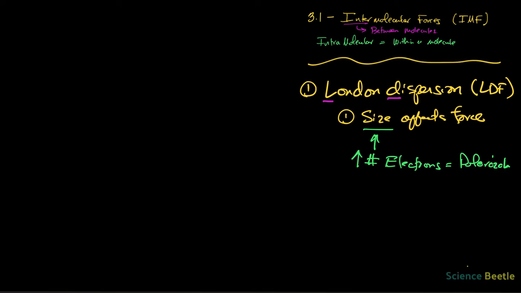So for example, let me just draw you a quick little diagram here. Let's say you've got a molecule like this. The molecule's right here, same size molecule on this side. These are non-polar molecules, and they're coming in, and each of them is going to have their own electron cloud. The electron clouds, if I can represent them briefly by these green dots, there's an electron cloud surrounding this molecule, same there.